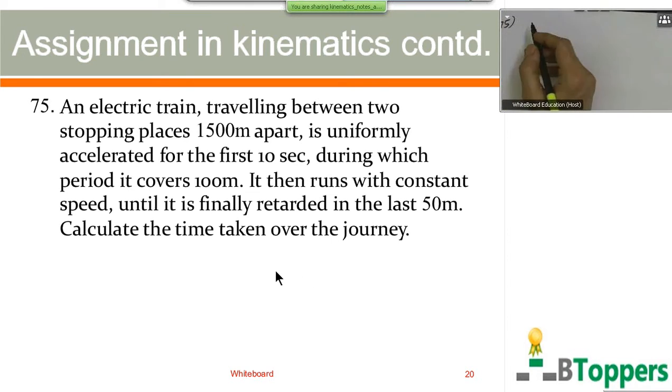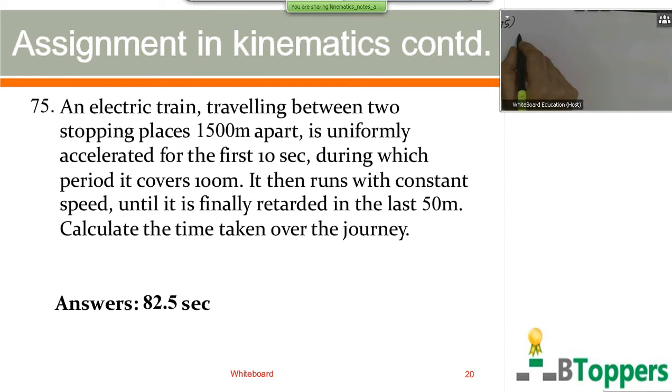If you want to try the problem, you can take a pause and try. You're supposed to get the answer as 82.5 seconds. So I would like to show you the working also. This problem also comes under the same special case 2 in VT graphs. Total displacement covered for the entire motion is 1500 meters.